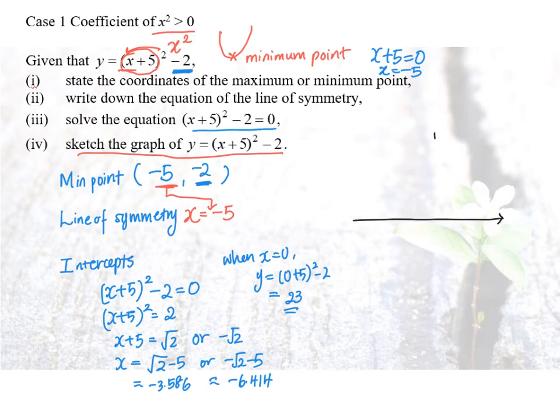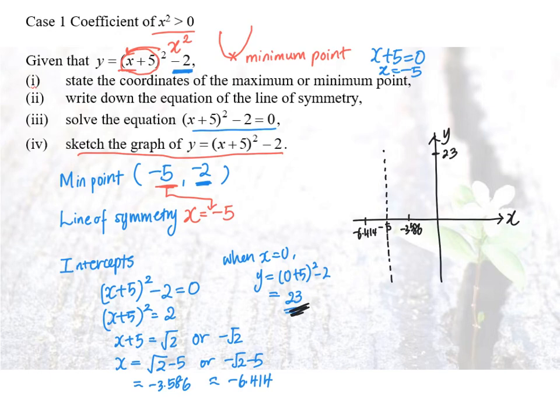So imagine this is the axis that is given to me, x and y axis. Let us first look at our x-intercepts. So I'll have -6.414, -3.586, at least something that is more proportionate. And the line of symmetry, x equals -5. Now we notice that the y-intercept is 23, so it's quite high.